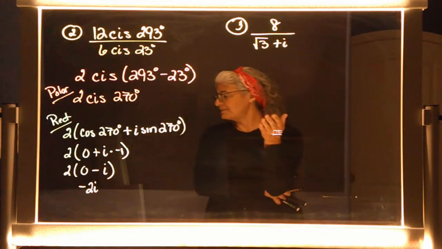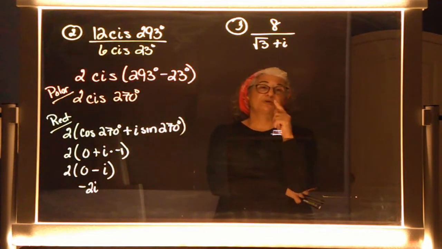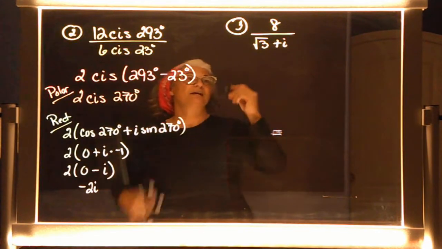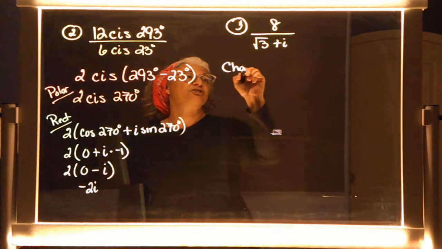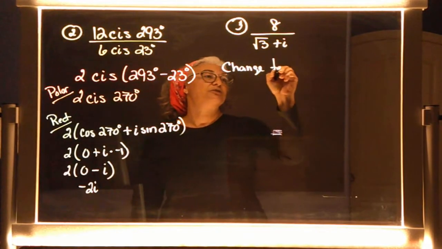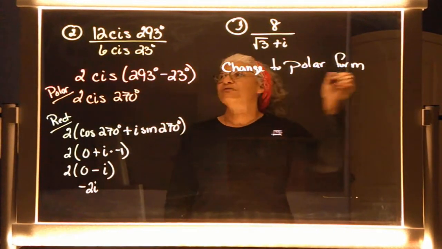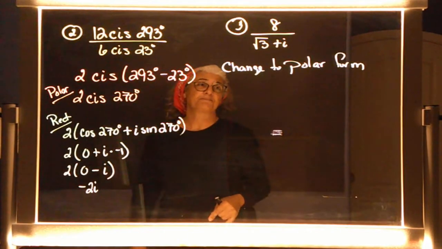Are you guys with me? Okay, so here's the thing. First things first, polar form. We need to change to polar form, because once they're in polar form, they're very easy to divide, aren't they?